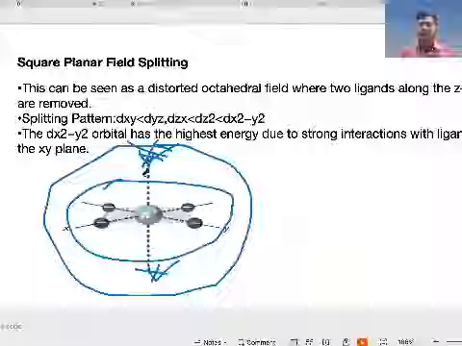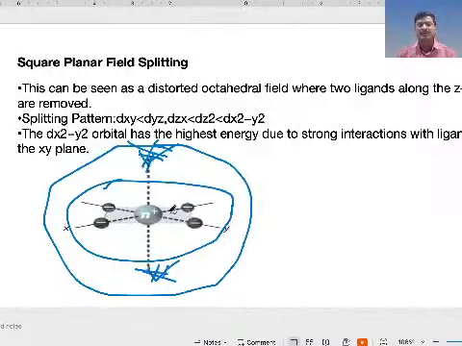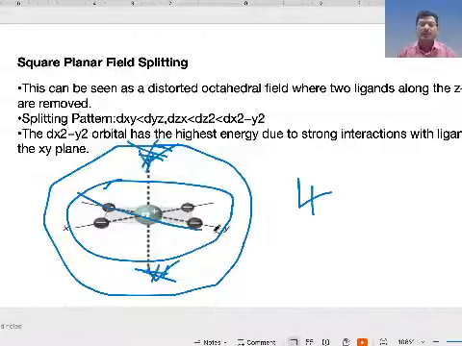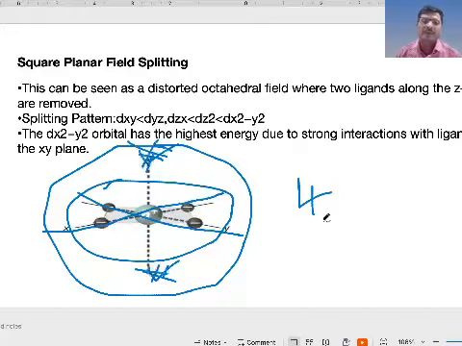That means it contains only four ligands, two on the x-axis and two on the y-axis. Total four ligands are present on the plane only, in a square. That's why it is called square planar.